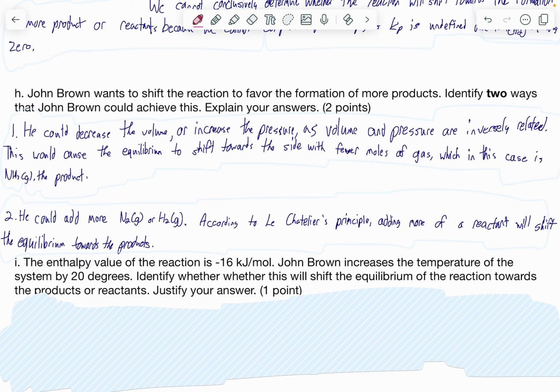But according to Le Chatelier's principle, when we add more of the reactant, the system is going to shift towards the formation of more products in order to reestablish equilibrium. So if you added nitrogen gas, it's going to see, okay, we have too much nitrogen gas now. We need to shift towards the production of ammonia so that everything will be balanced.